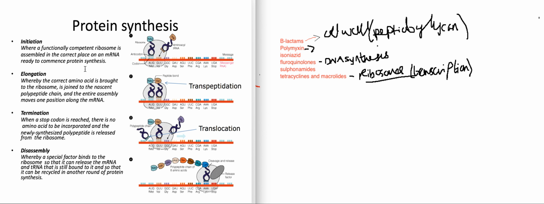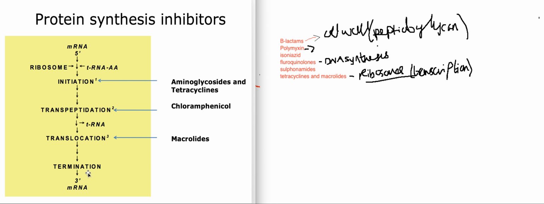Initially fMet controls the process, then elongation takes place, and then termination and disassembly. mRNA, ribosome and tRNAs are the 3 components that you need.